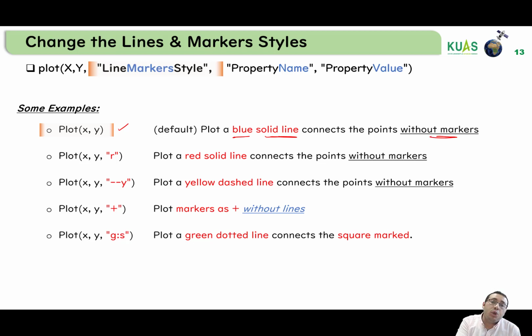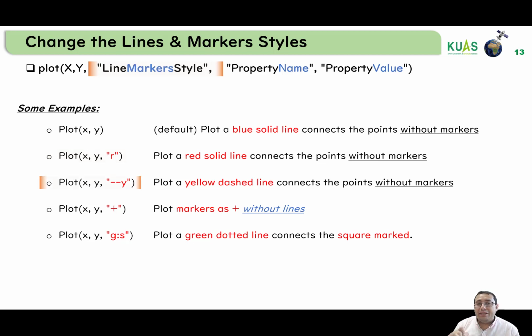In the default: blue line, solid line, and no marker. But if we use R, so here after x comma y comma and then R between double quotation, the R here represents red. It means that it will change to a red solid line, not blue, but still without any marker.